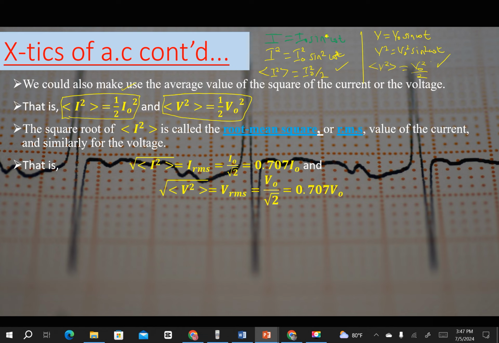When you press your calculator to find 1 over root 2, it gives you 0.707. So 1 over root 2 is 0.707 V naught.